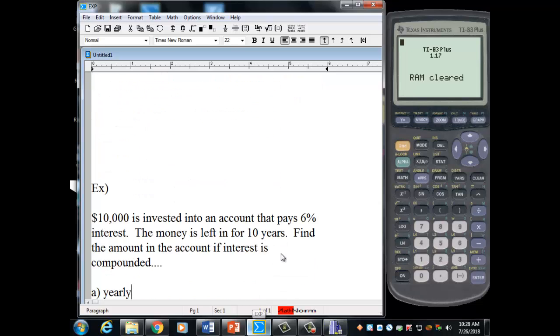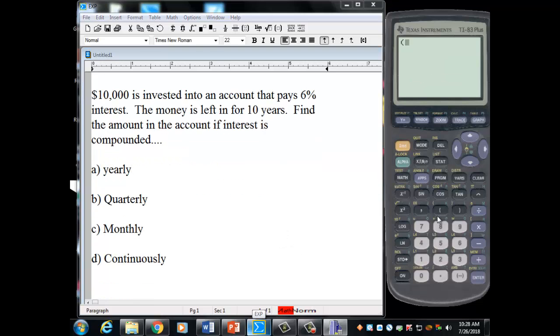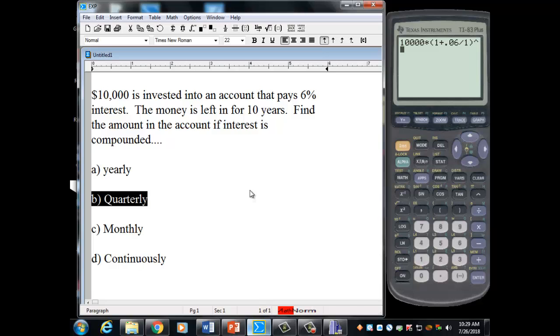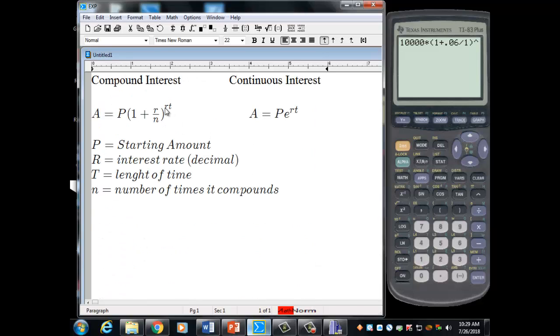So the formula comes out to 10,000 times 1 plus, for the purposes of our discussion, I know that 1 plus 0.06 divided by 1 is simply 1.06, but because I'm going to change it from yearly to quarterly to monthly to continuously, I just want to leave that 1 there because I'm going to switch that around. Now, when you raise it to the power, this is the critical part. When you raise this thing to the power, we're raising it to the RT.